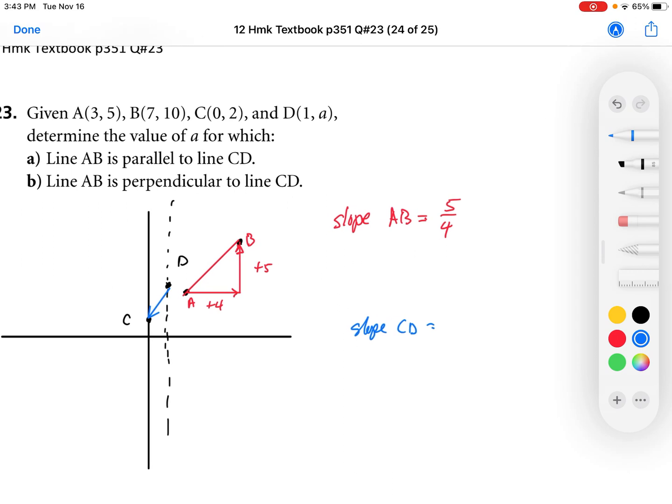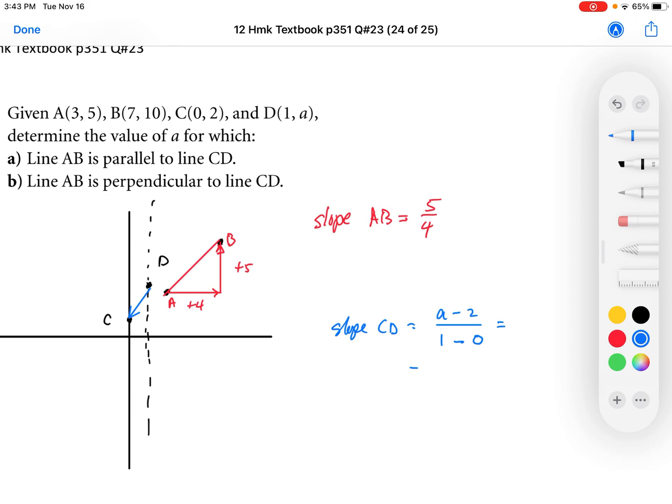The rise between C and D is going to be A minus 2, and the run between C and D is going to be 1 minus 0. And we want this slope to be equivalent to 5 over 4, which we calculated before. By simplifying this, I'm going to get A minus 2 over 1 is equal to 5 over 4.